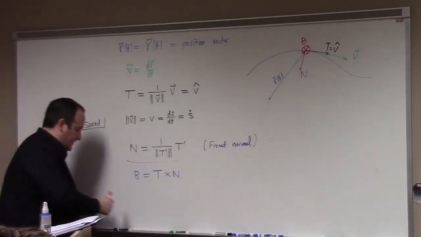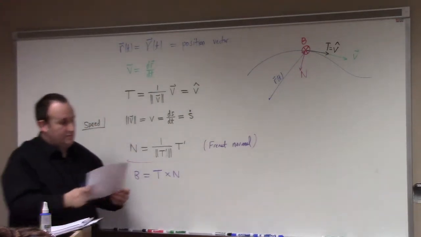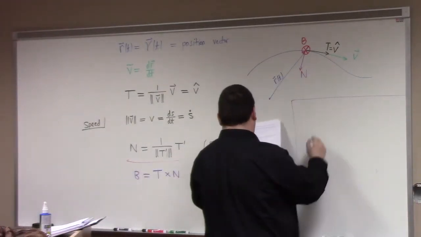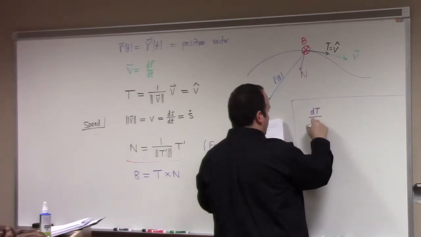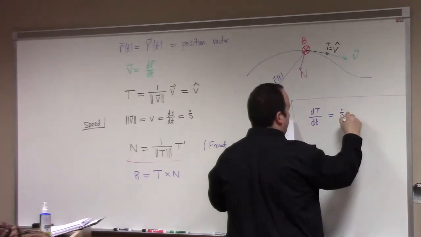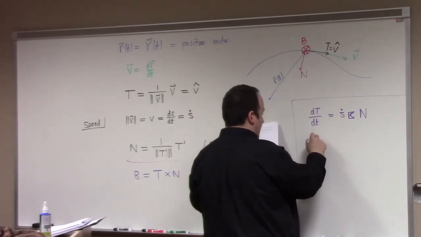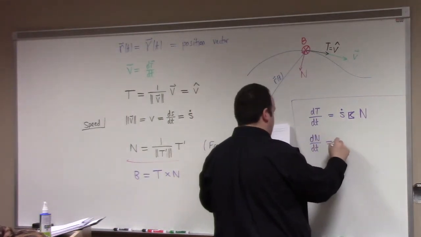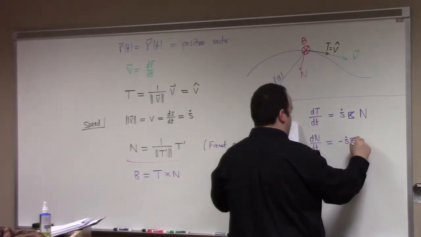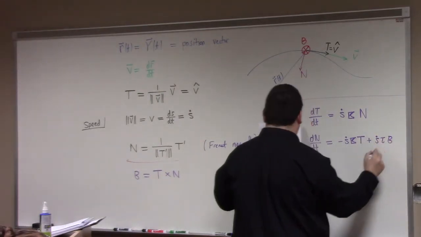All right. So in addition to these, I'll tell you some things we know. You can prove that dT/dt is s dot kappa, which is for curvature, N. You can prove that dN/dt is minus the speed times the curvature times the tangent plus the speed times the torsion times the binormal.